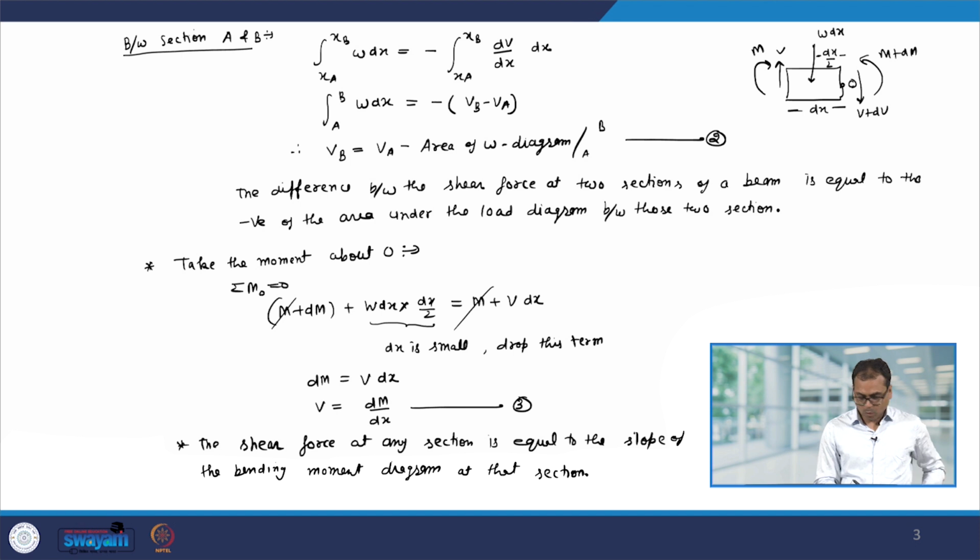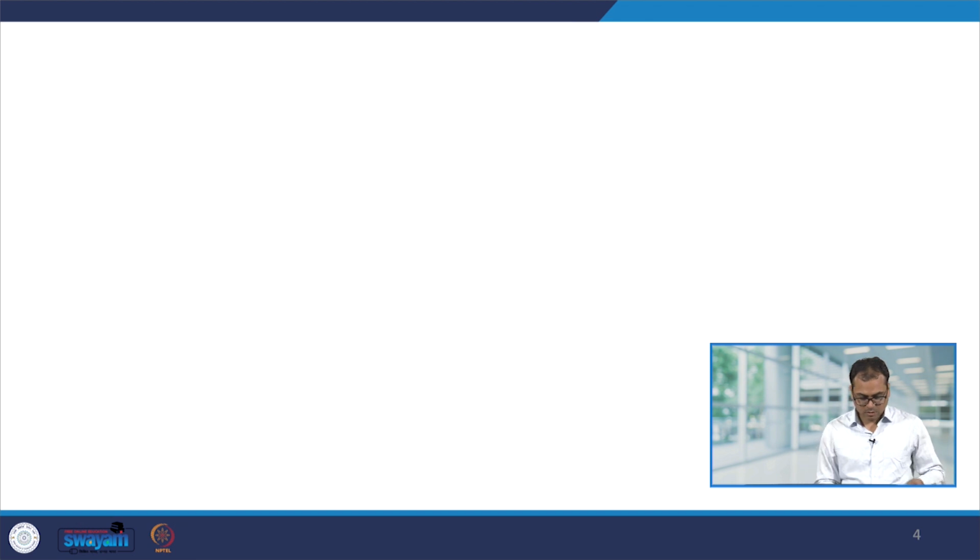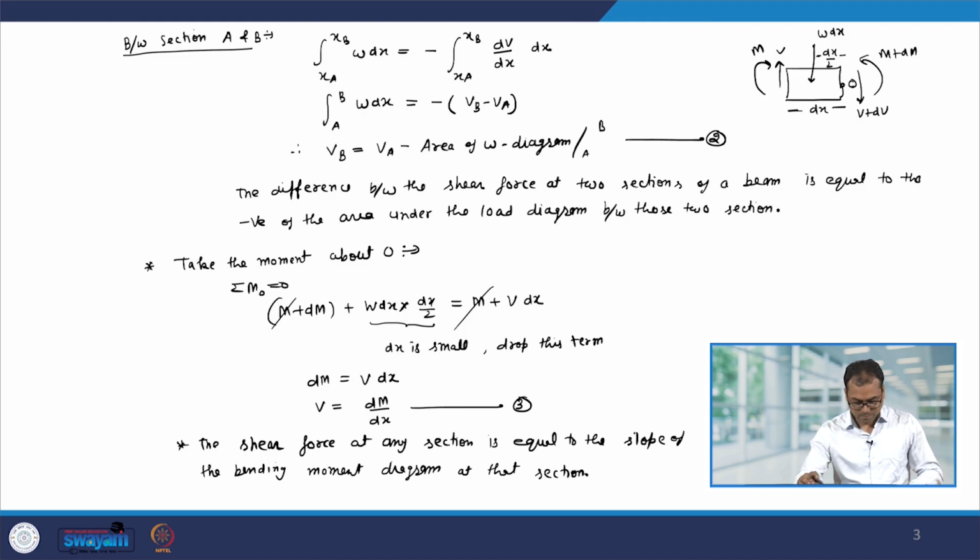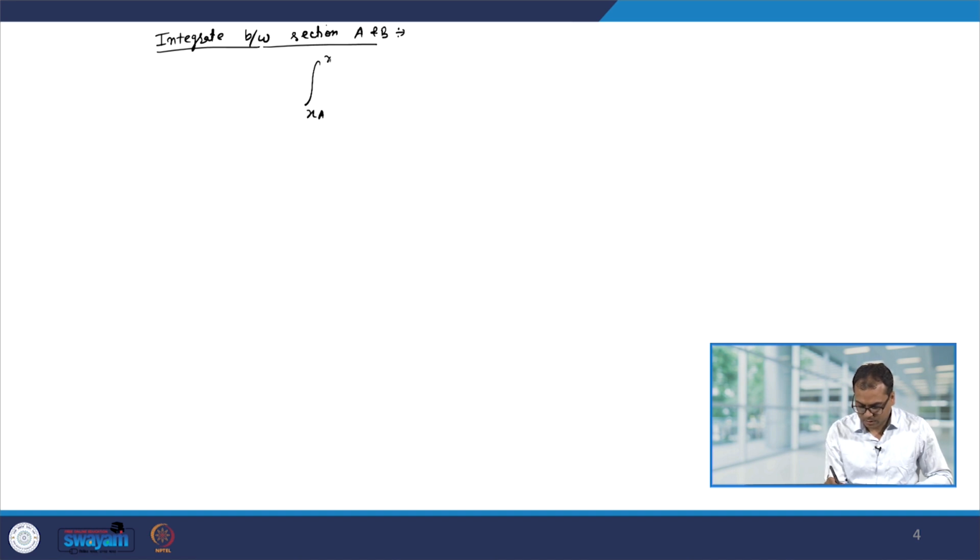Now, to find out what is the value of m, let us again integrate this between section a and b. So, we had V equal to dm by dx. So, integral x a to x b V dx equals integral x a to x b dm by dx dx.